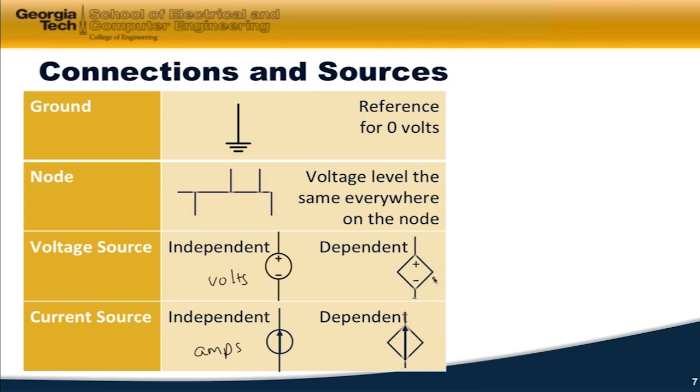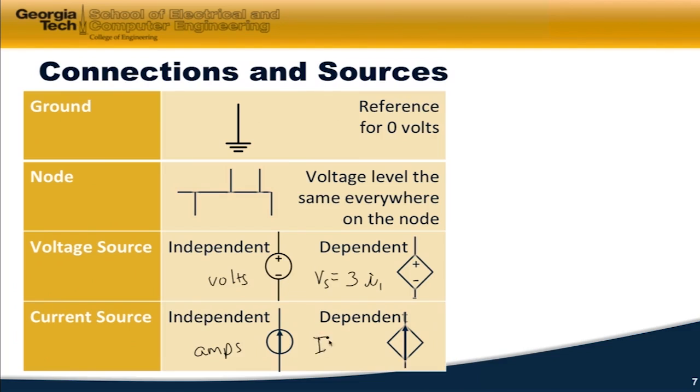Now the difference between an independent source and a dependent source is that the independent source doesn't depend on the rest of the circuit. It's going to be independent. No matter what you do with the rest of the circuit, you define a function for that independent source. Now dependent source, there's a dependence on some other part of it. For example, I might have this voltage supply, gives me a voltage, but it might be dependent on current in one of my branches.